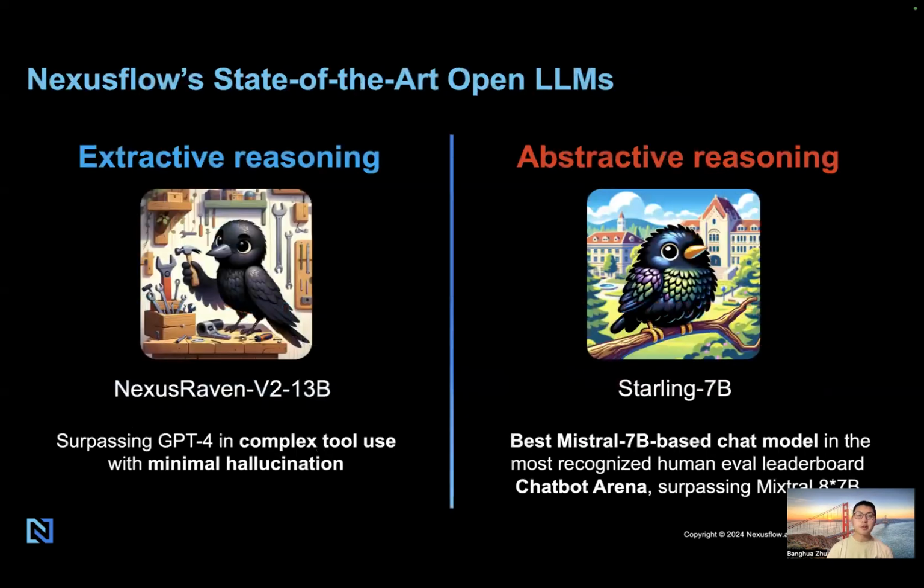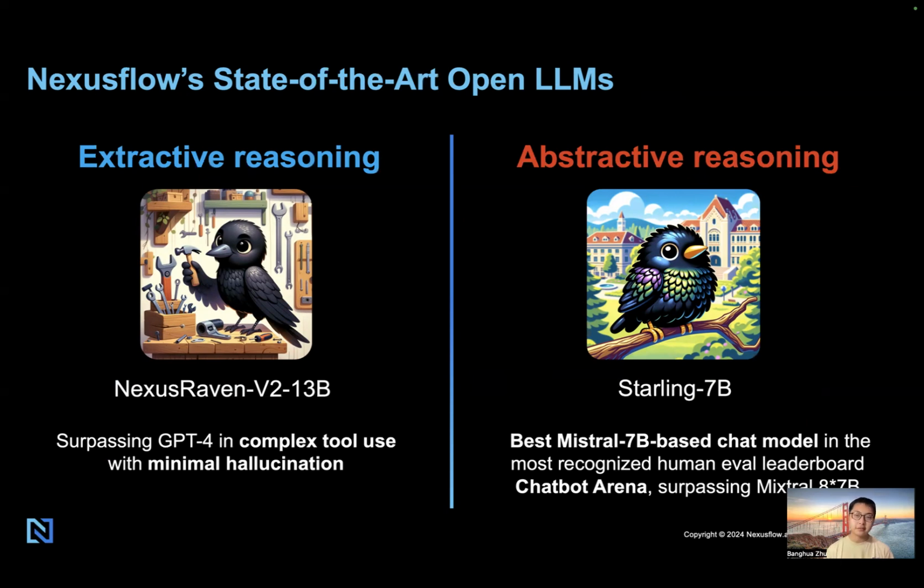During our model development, we noticed that, especially for small models, it's better to decompose those two capabilities. So for extractive reasoning, we're open sourcing one model called Nexus Flow V2 13B, a model dedicated to function calling that surpasses GPT-4 in complex tool use cases with minimal hallucination.